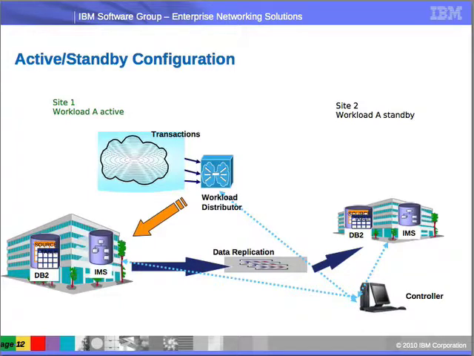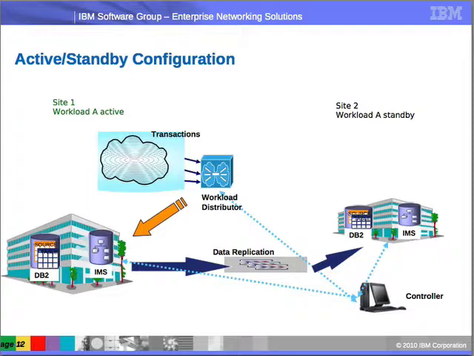First is ActiveStandby. What ActiveStandby is, is having a workload defined, and we will guarantee through the workload distributor that all transactions for that workload will only go to one site and one site only. The reason behind that is if you have a workload that can update a specific DB2 table going to both sites simultaneously, you can have data conflict.